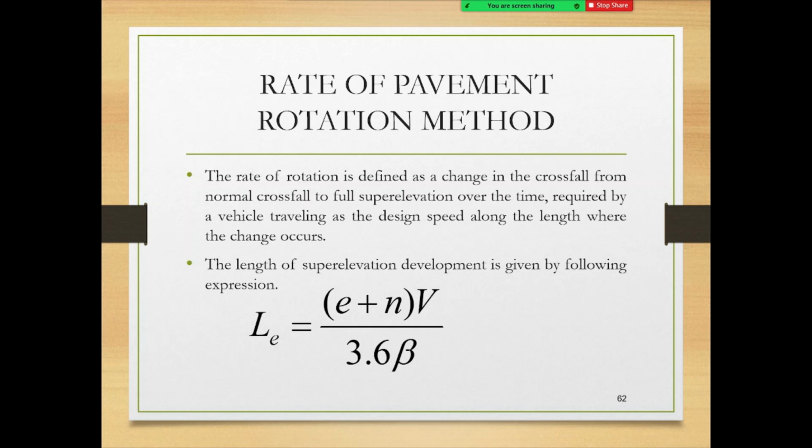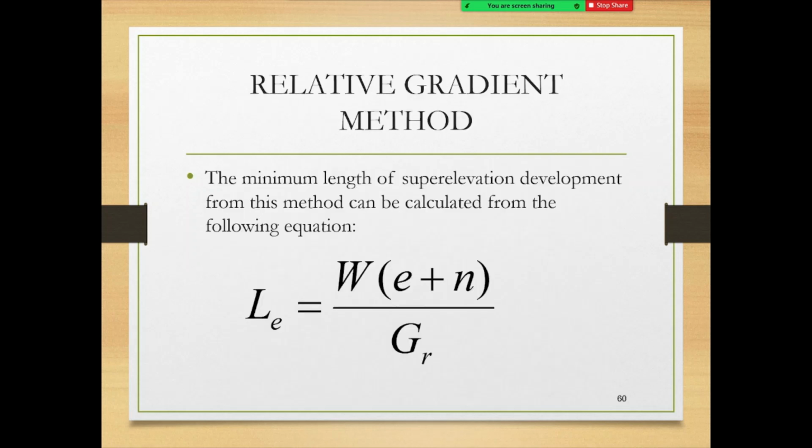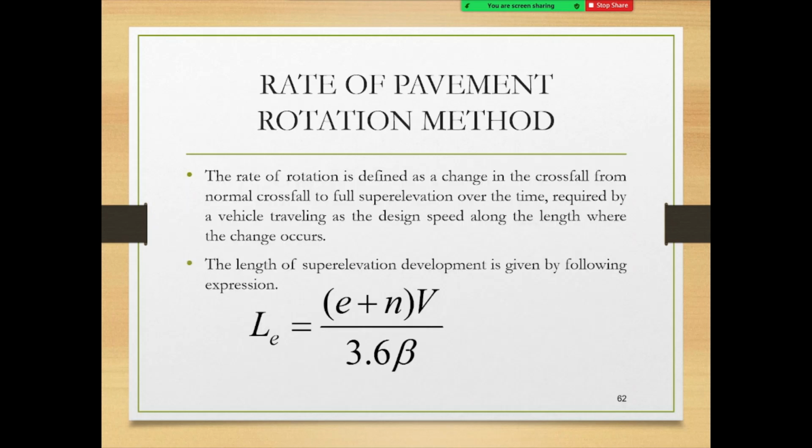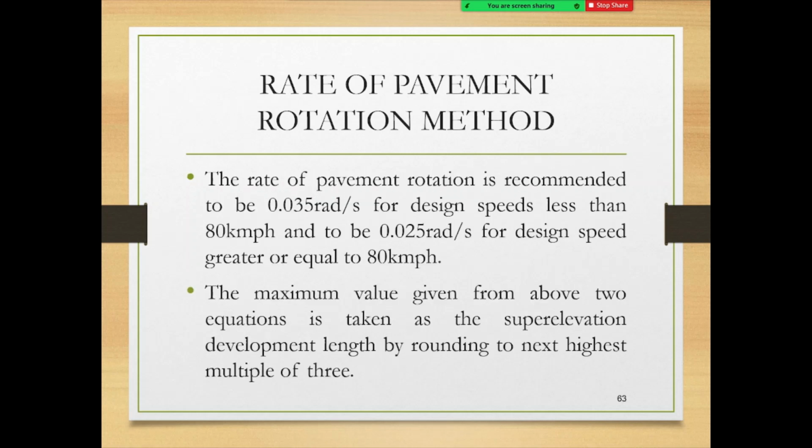So if they ask you to find the superelevation development length, find it according to the relative gradient method, and find it based on the rate of pavement rotation method, and then get the maximum of it, and you round off into the highest three.